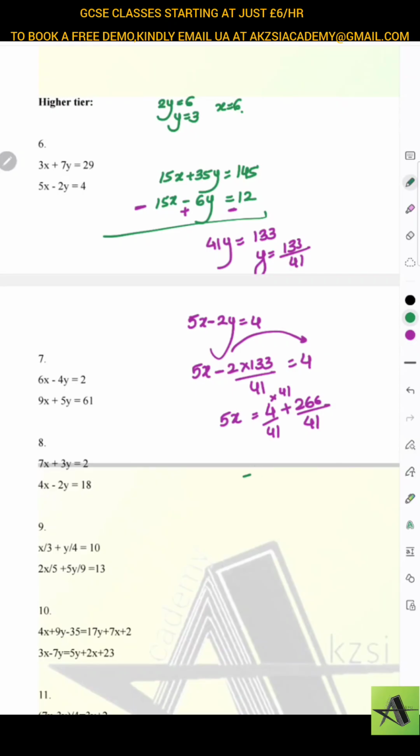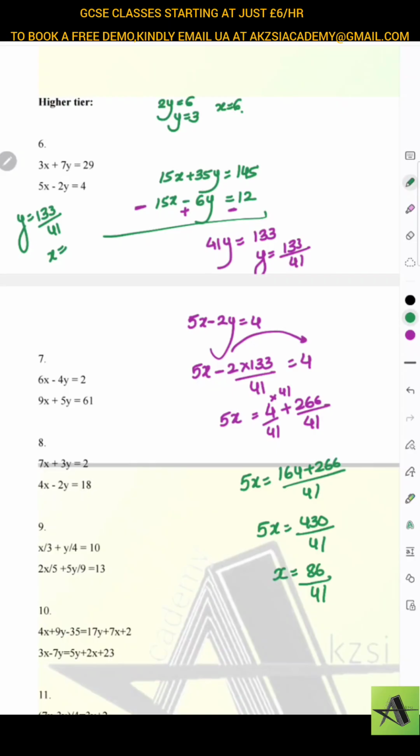That gives me 5x equals 164 plus 266 over 41, so 5x equals 430 over 41. Finally, dividing both sides by 5, I get x as 86 over 41. So we got y equals 133 over 41 and x equals 86 over 41.